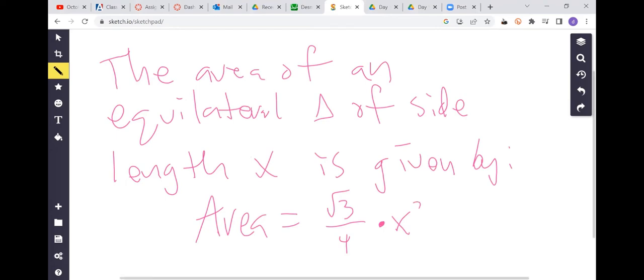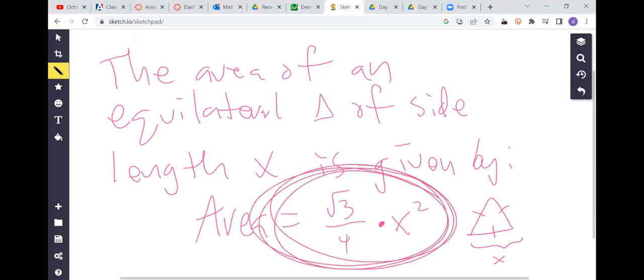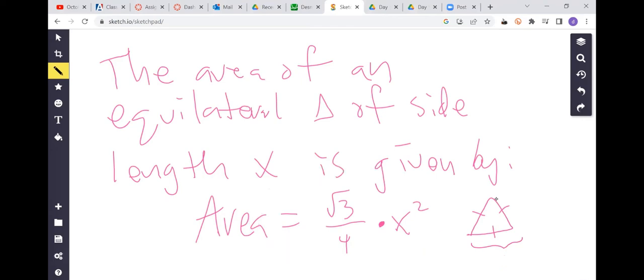The model would look like this: you have an equilateral triangle, and one of the edges has a length of x. Then the area is given to you by this formula. Let's do one example using this formula, and then you guys can bounce, okay?